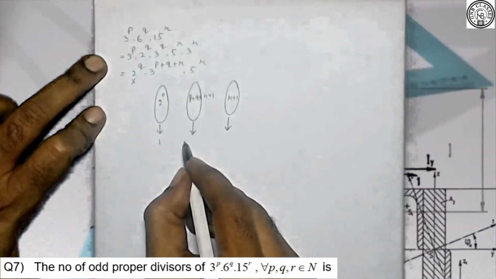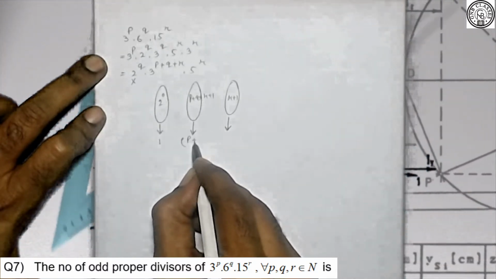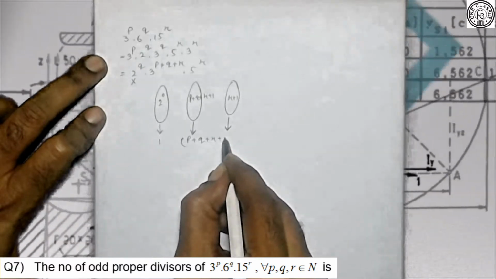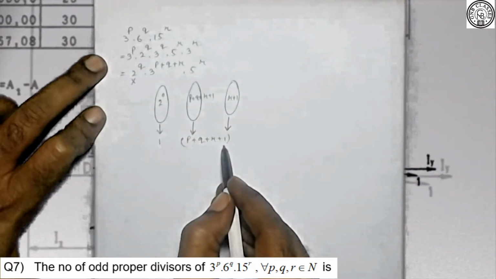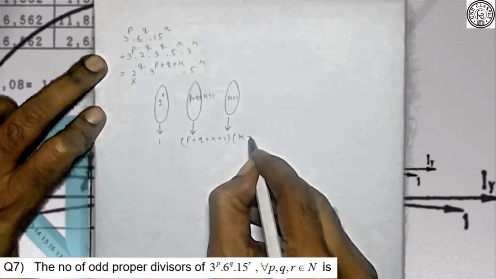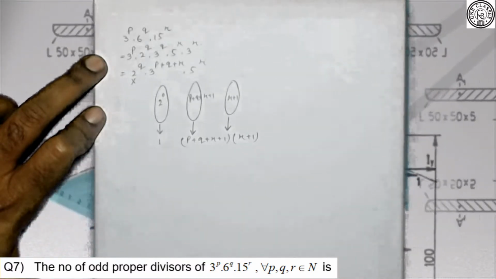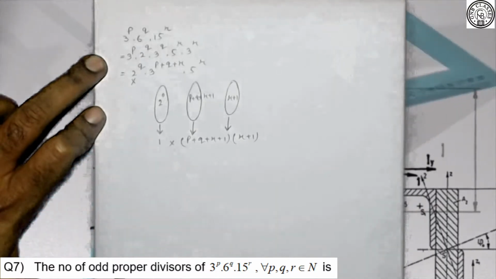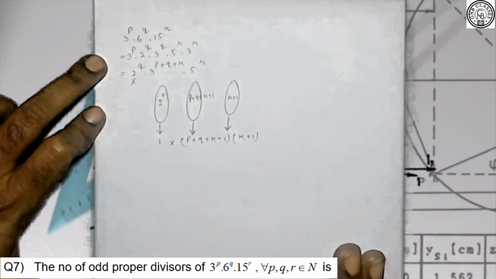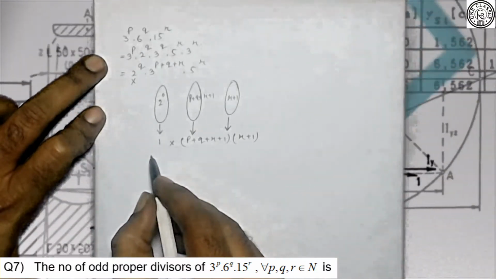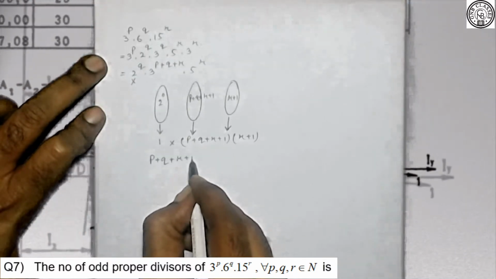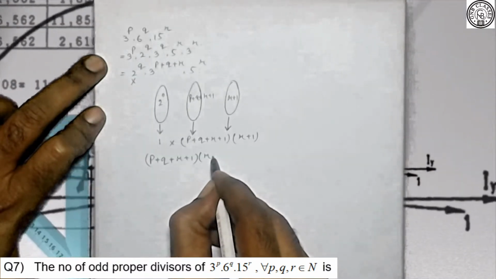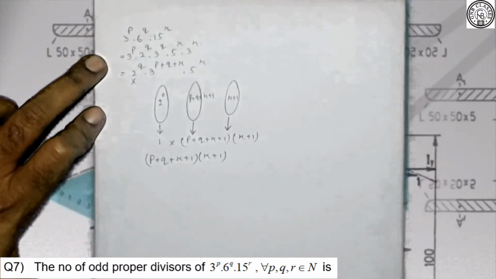So the total number of ways in which we can select elements from set 2 is p plus q plus r plus 1, and from the third set we have r plus 1, and from the first set only one element, which is 2 to the power 0. So the total number of odd divisors is this. Is it clear?